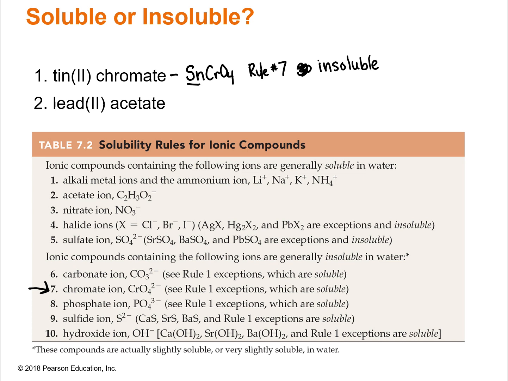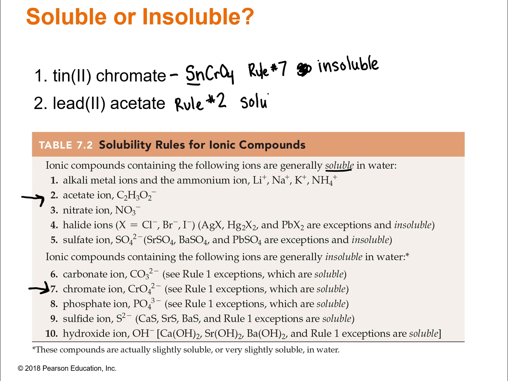So the first thing we need to do is locate the rule that talks about the acetate ion. That's rule number 2. So the way you read that is ionic compounds containing the following ions are generally soluble in water. And acetate is listed there. Lead-2 acetate, there's no exceptions.